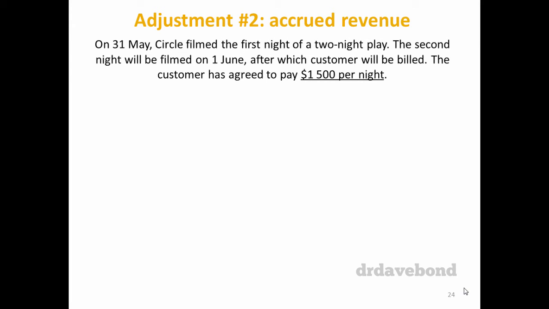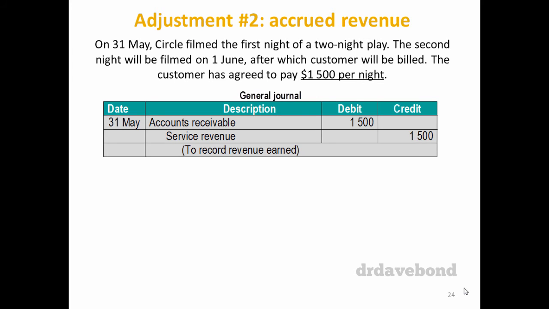Adjustment 2, accrued revenue. Circle filmed the first night of a 2-night play. The second night will be filmed on the 1st of June, which is later on, after which the customer will be billed. So in May, they have done 1 night of work, but they haven't sent the bill out, so they haven't actually recorded any transaction for it. So we need to debit account receivable, $1,500.